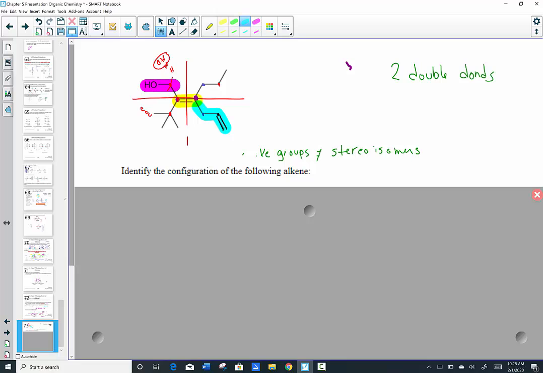When I examine for priority, I'm looking at both attachments on the same carbon in the double bond. I'm looking left and right, right? But now, all of a sudden, when I want to know if it's E or Z, I want to compare the priorities to the pi bond. So I look this way. Carbon number 1 of the double bond has its priority pointing up above the plane of the pi bond, and this carbon number 2 of the double bond has its priority below the plane.